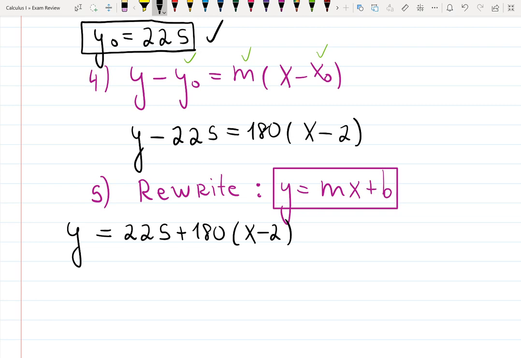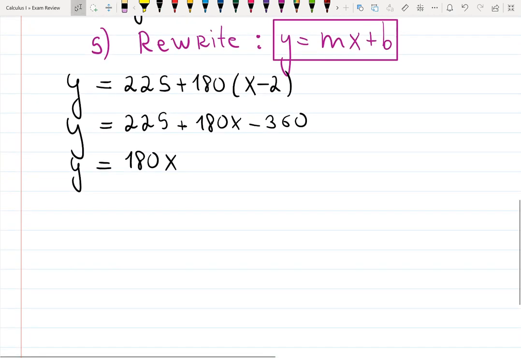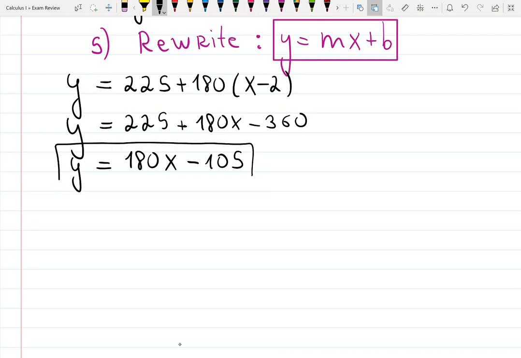Then I will distribute 180 times x, minus 360, and collect the terms. 180x goes first, and then 225 minus 360 is minus 105. Put it in the box. And that's the answer for the equation of a tangent line.